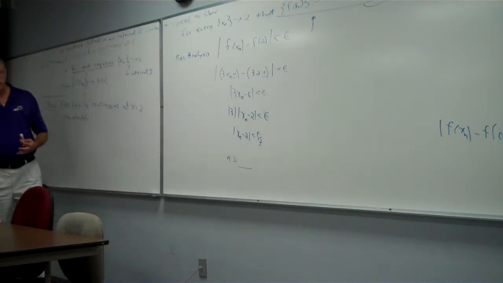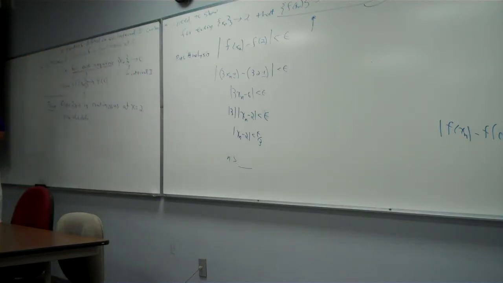Divide both sides by 3, and now we may think, yeah, I was hoping for an idea of how far do I need to go out in the sequence. And it looks like here, it's not working out like we've seen other ones, because we don't know what the sequence x sub n is.